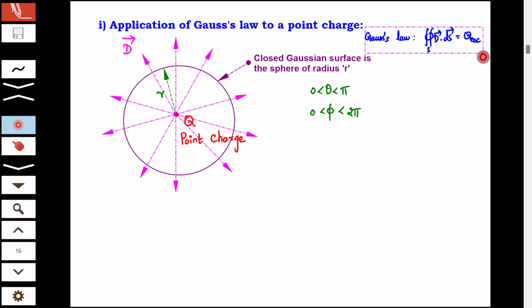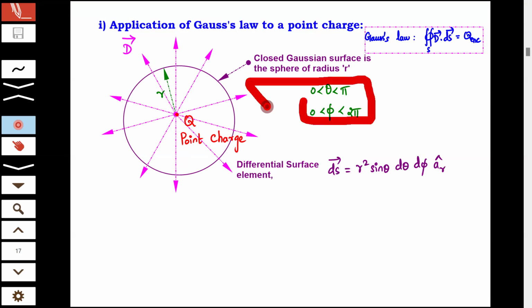Equating the two, we can estimate the unknown d. For the closed Gaussian surface in the form of a sphere, radius is constant. The variables are theta and phi. With the variables theta and phi, we can write the area element as r square sine theta d theta d phi ar cap.